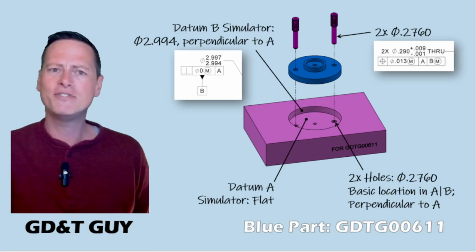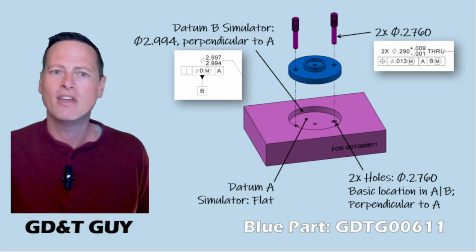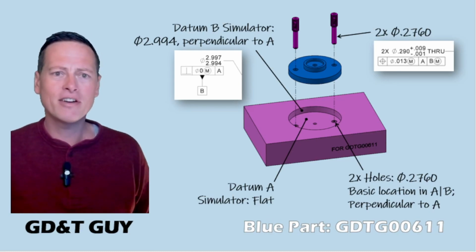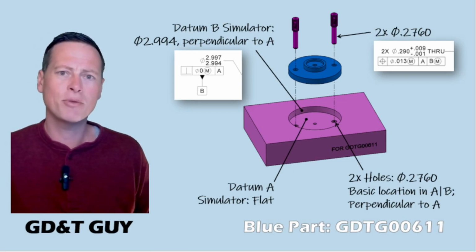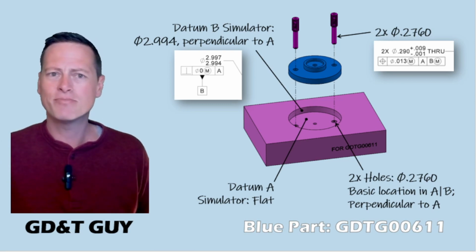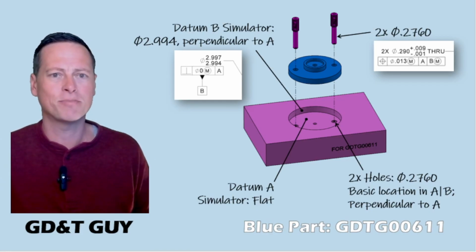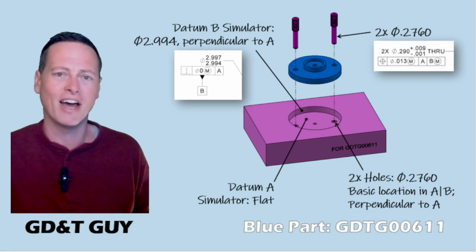So this one would have datum simulators, what the 2018 standard calls true geometric counterparts. A flat surface for datum A. The datum B simulator is made at the MMB size from the drawing callout. And then we have these .276 diameter gauge pin elements representing the virtual condition of the screw holes, which we get by subtracting the 13 thousandths position tolerance from the MMC hole size of .289.